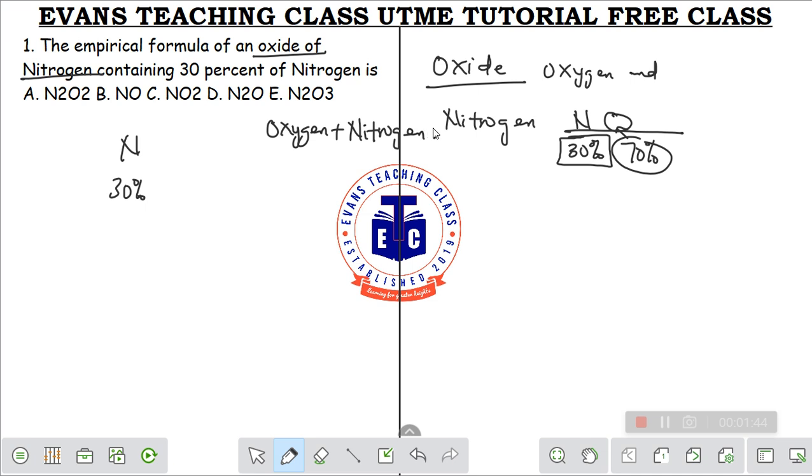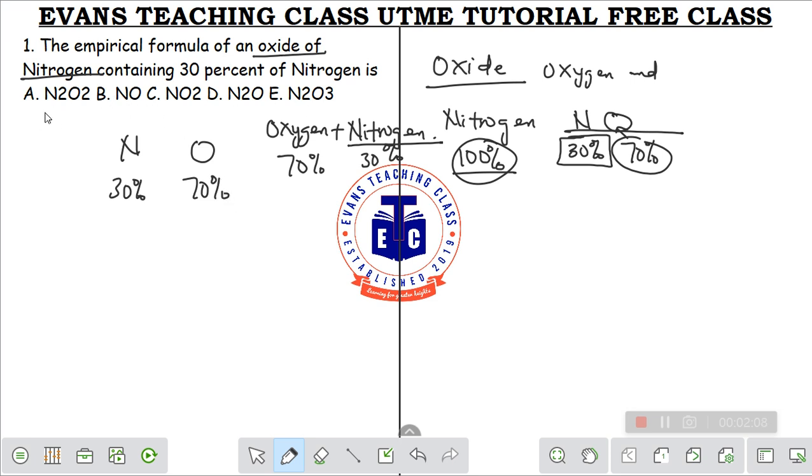Now they say 30%. Nitrogen is taking 30%, and you know that we have a total of 100%, right? So the remaining is 70%, and that one will belong to oxygen. So they now ask us to find the empirical formula of that oxide of nitrogen.